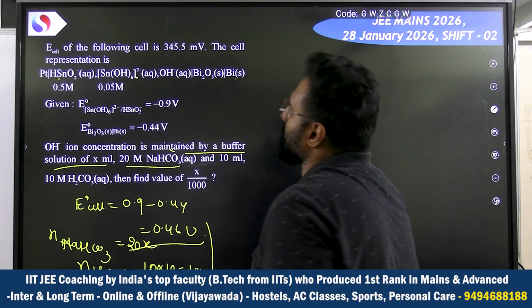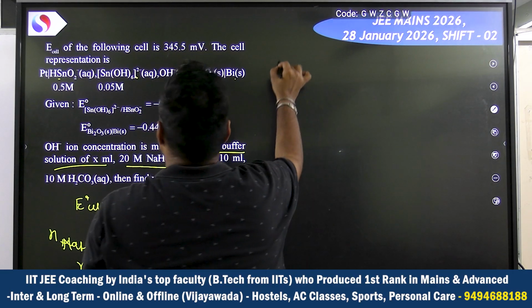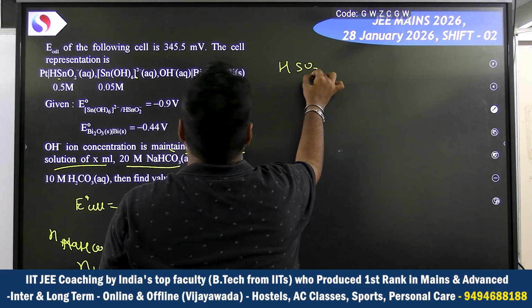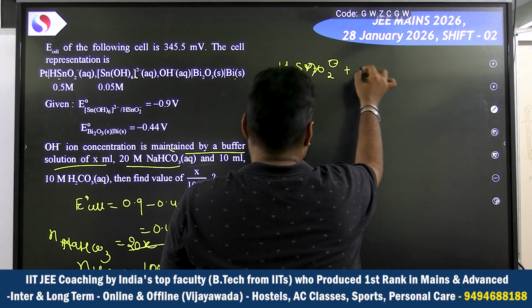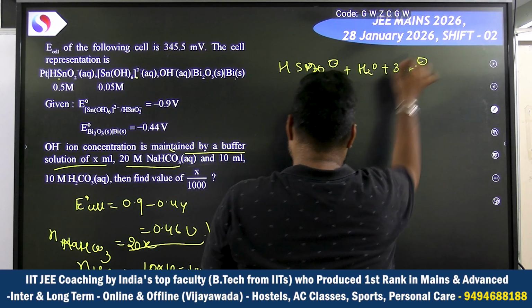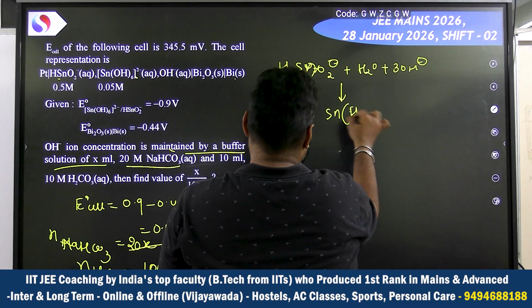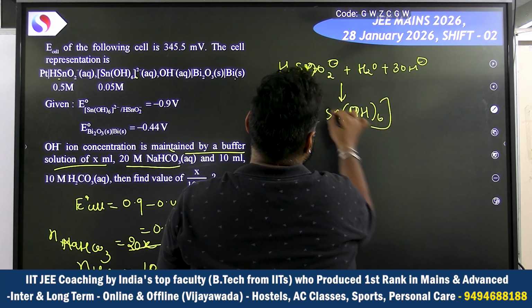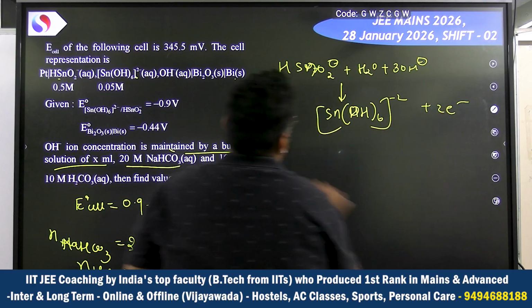Now if we write the equation, then what is the equation? भैया oxidation के अंदर SnO2 minus plus H2O plus 3OH minus gives Sn(OH)6 2 minus plus 2 electrons.